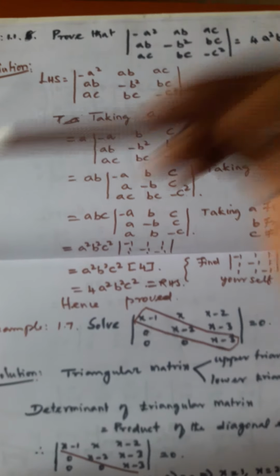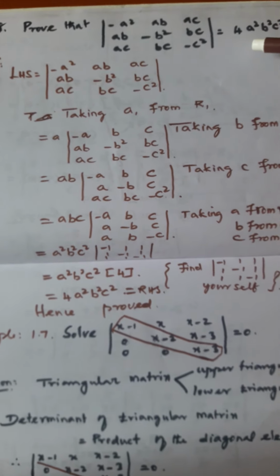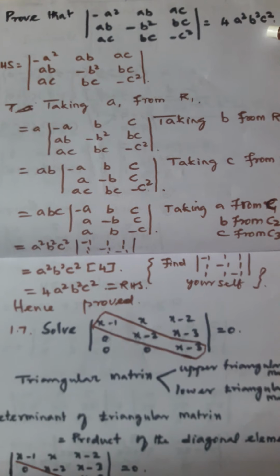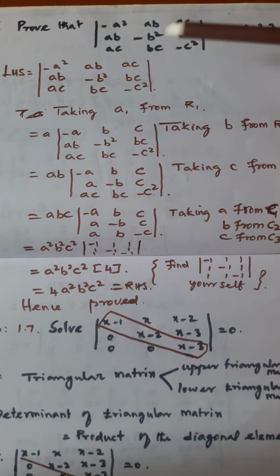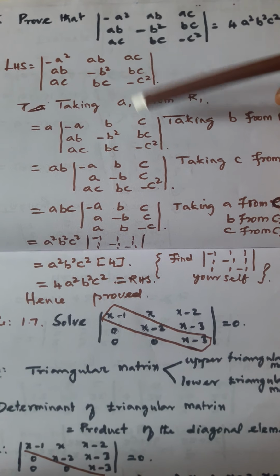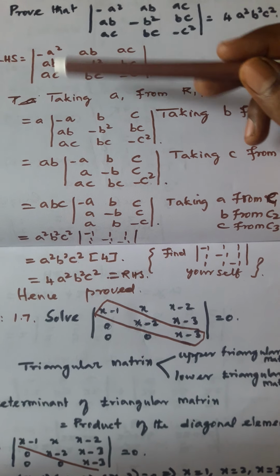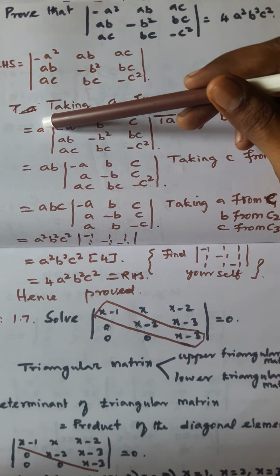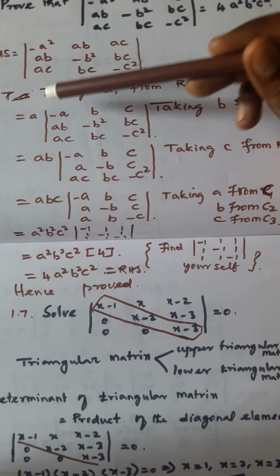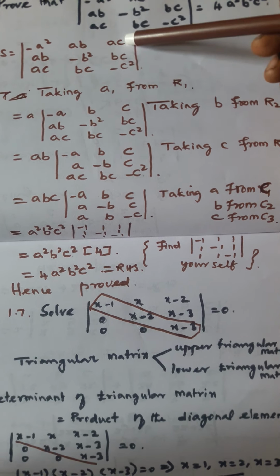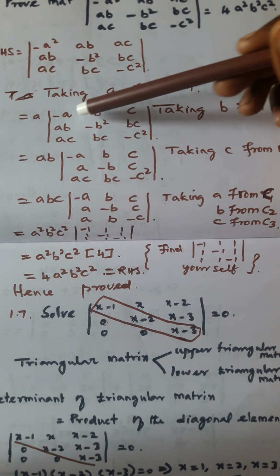Now the exercise 8th question, prove that the determinant value is 4 a square b square c square. It's one of the simple questions. Your LHS, we are taking a from R1, the first row. I am taking a, so it is minus a, b, c.